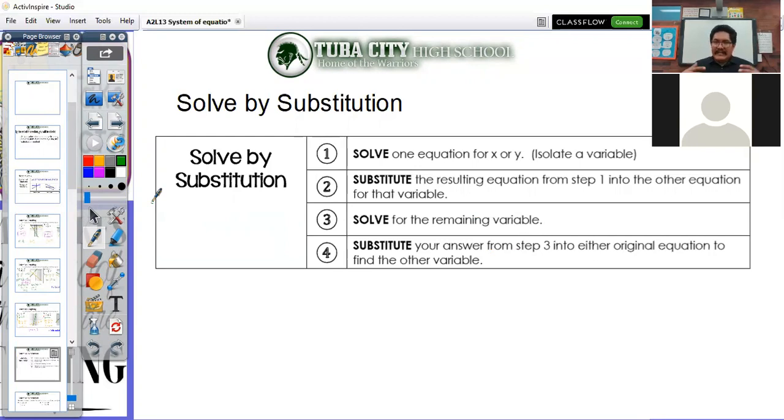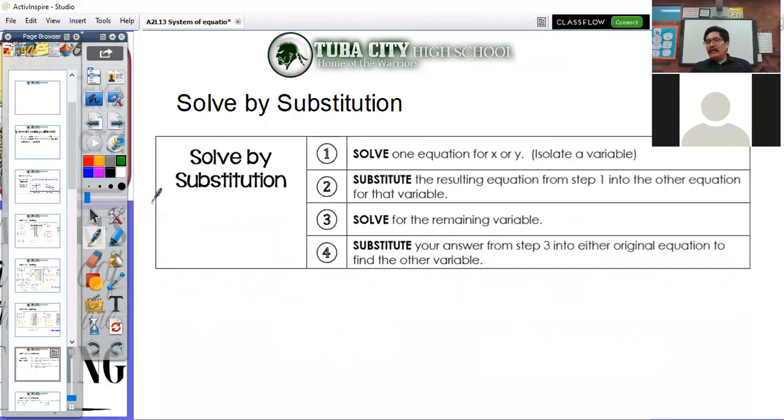Essentially what that's going to do is get rid of one of your variables, either x or y. Now, you cannot solve an equation if you have two variables, if you have two different things. You have to make it so there is only one. So that's why you're substituting it in there, because you're getting rid of one of the variables. And then you solve it for that variable, but you're not done yet.